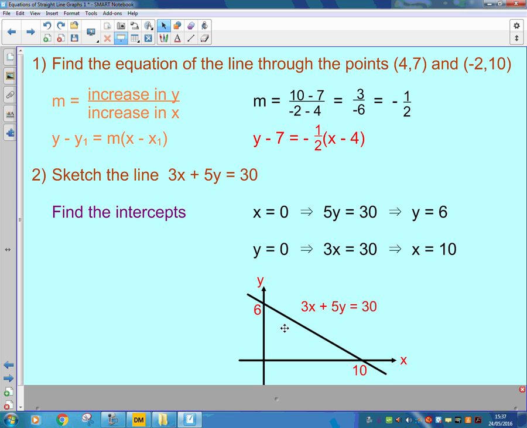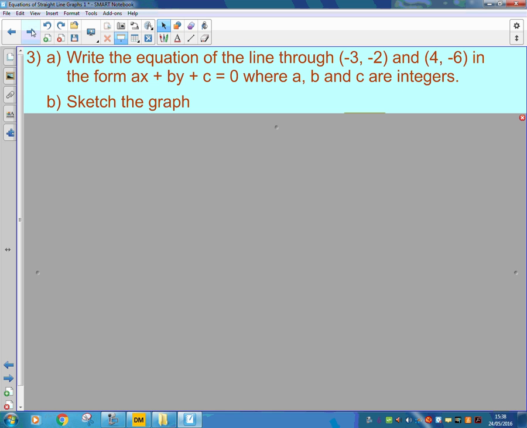And notice, besides labeling this, it's a good idea to write down the equation of the line so that we can see exactly what line we're talking about. So whenever you're drawing a straight line, if you're drawing a sketch, you need to show the two intercepts where it intersects the axes.